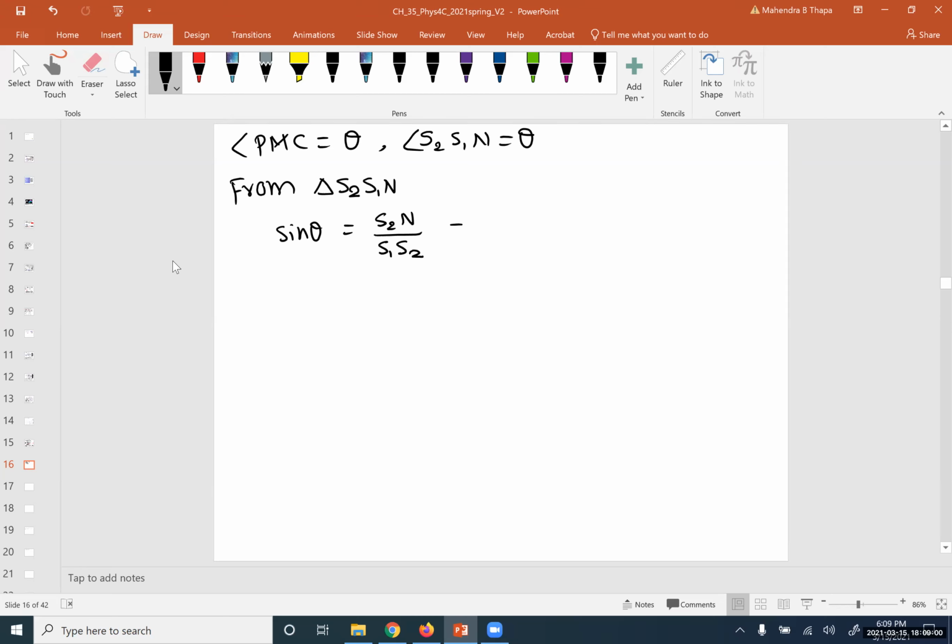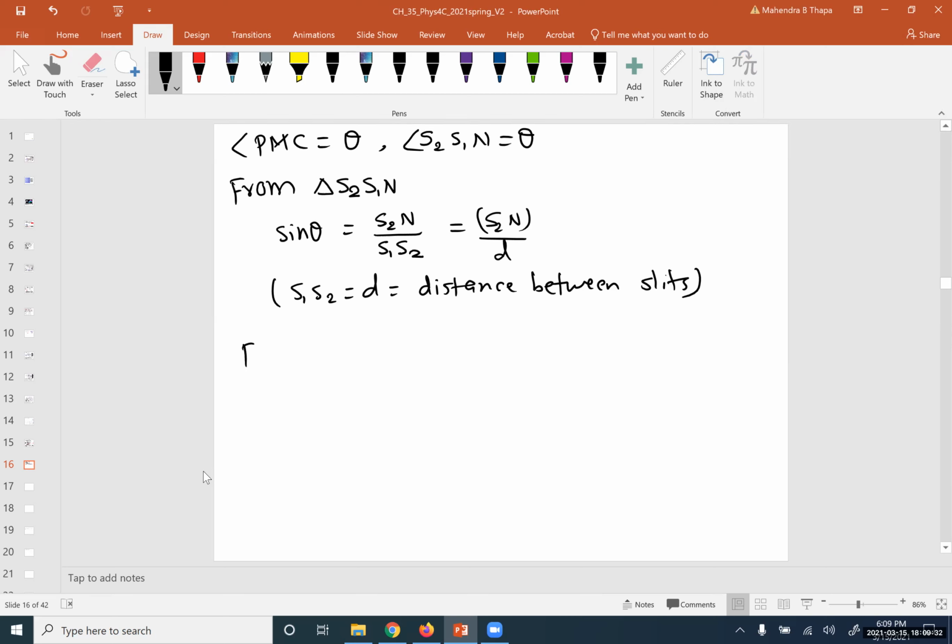So I can write it as S2 N over D. Okay, so we know that S1 S2 equals D is the distance between slits.